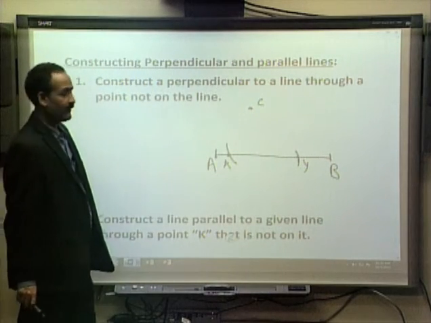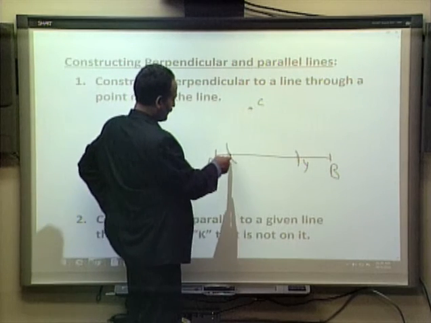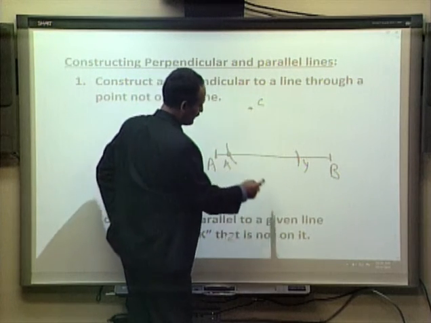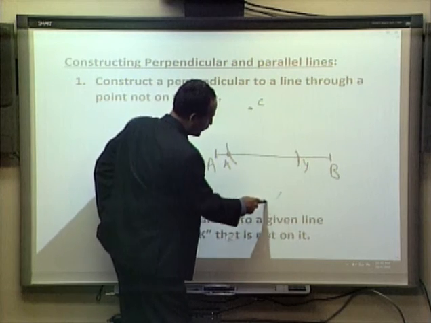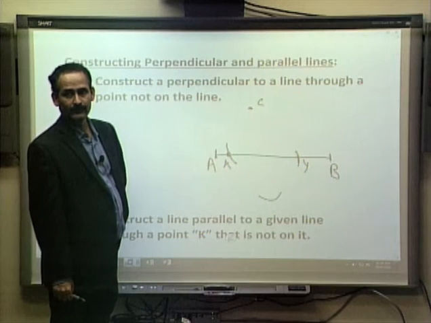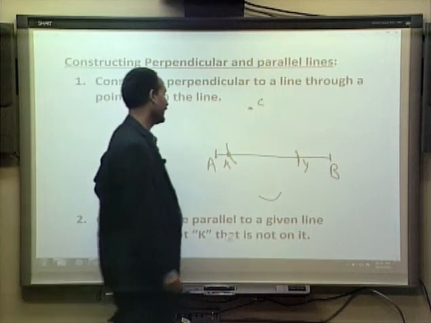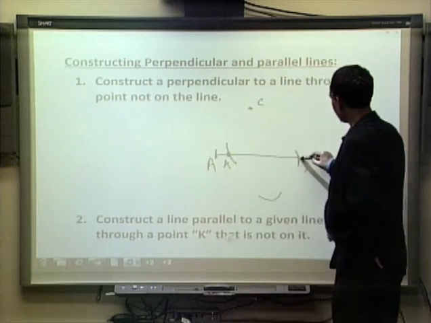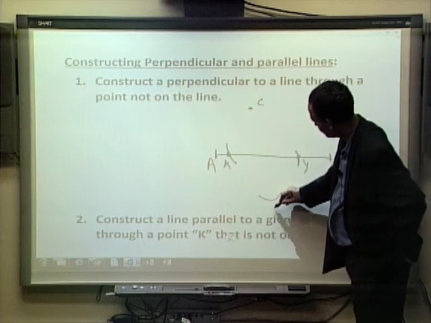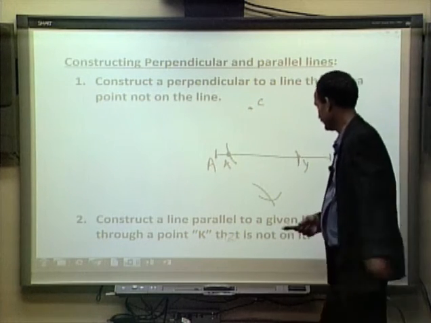Now, we put one end of the compass at X and draw an arc like this below the line AB, and put the end of the compass at Y and draw another arc like this here.